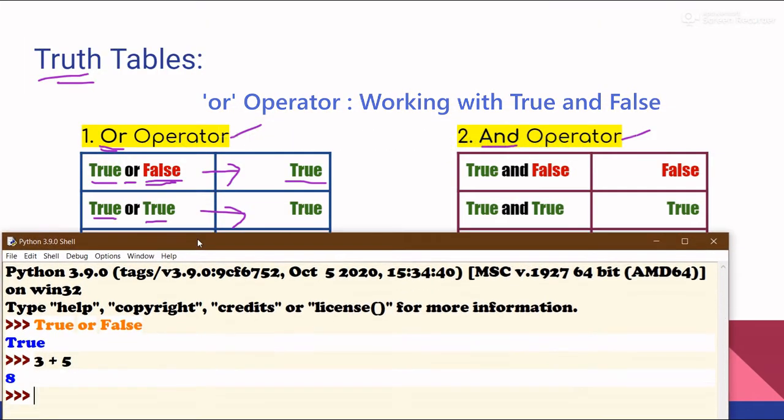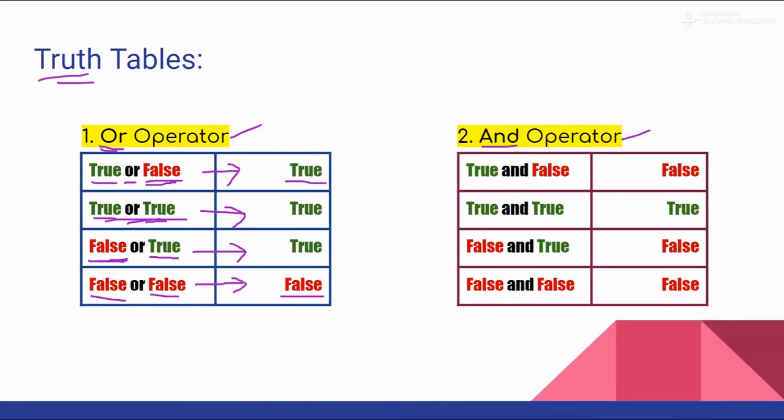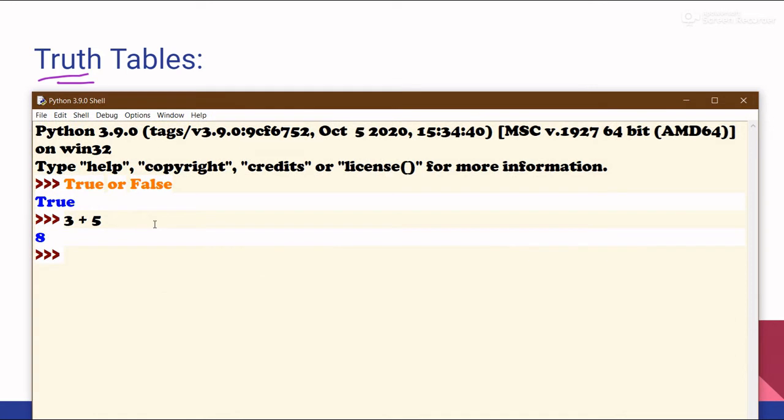Now let's try the second one in which both the values are true. Let's say true or true. Obviously it will be true because the definition for the OR operator is whenever one of the values is true, the result will be true. So here both the values are true, so obviously the result will be true, right?